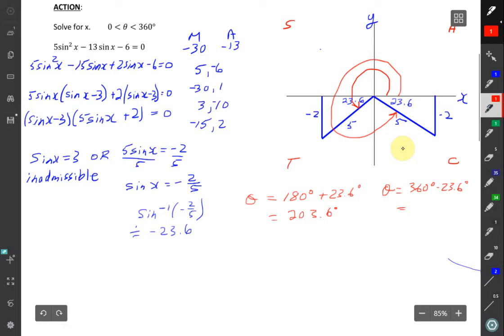And so that gives us 356.4 degrees. And that's all we need to do in order to solve that problem.